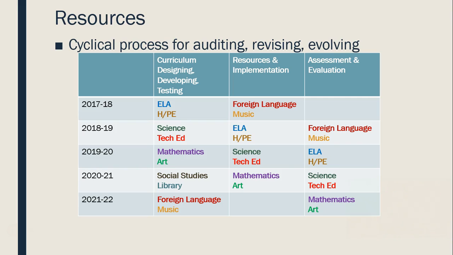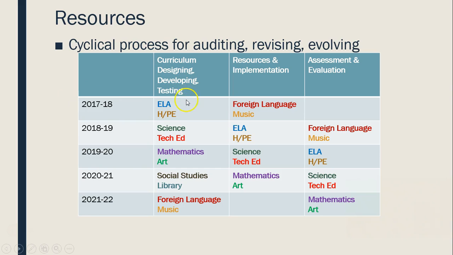Music is going to come with potentially a lot of instruments, but foreign language may just be using online books, or science comes with a lot of equipment, so they have their own, with tech ed, especially now when you're looking at things like 3D printers, right? You have health and PE along with ELA because of the amount of what's needed for an ELA teacher in every building at every grade, versus one health and PE teacher in an elementary school, or maybe two or three in a middle school.